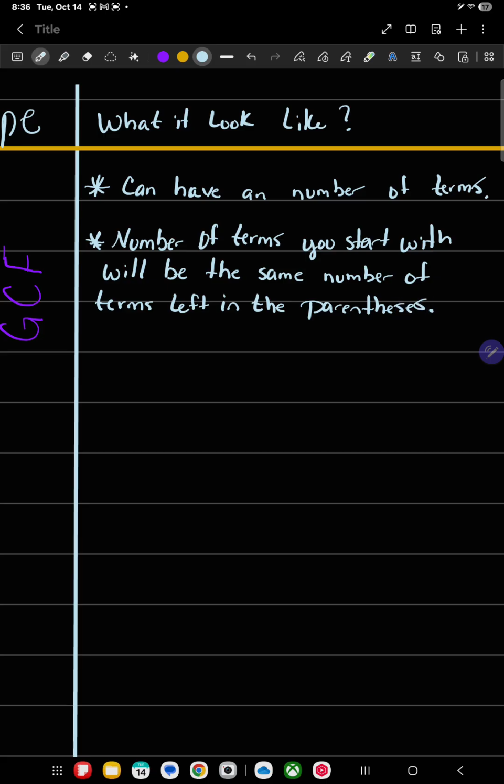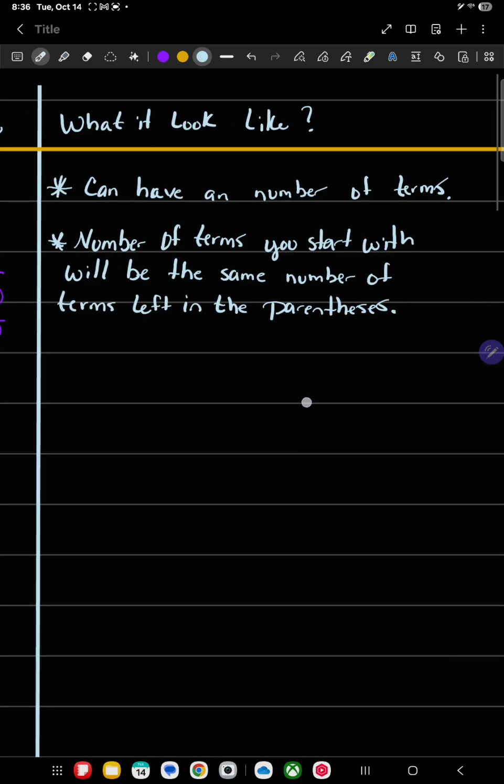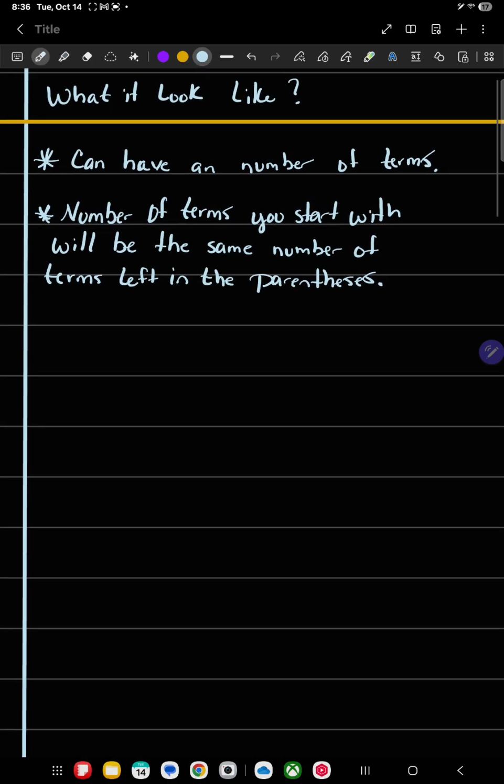The number of terms we start with will be the same number of terms that will be left over in the parentheses. All right. For instance, let's do it for instance.